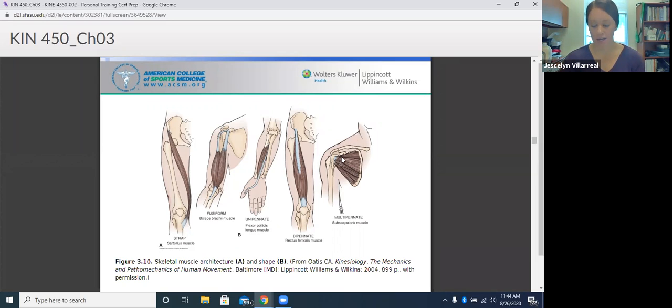Looking over here at this multipinnate, this is your fan-shaped or triangular muscle. Your subscapularis, this is on the back, contains fibers that radiate from a narrow attachment to a broad attachment. Another example would be your pec major in the front.